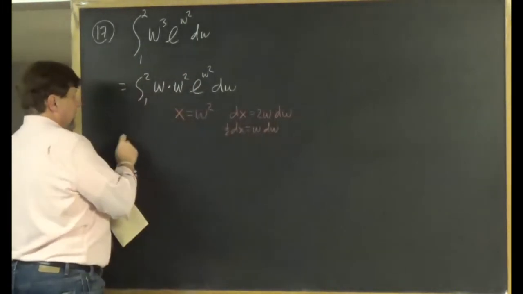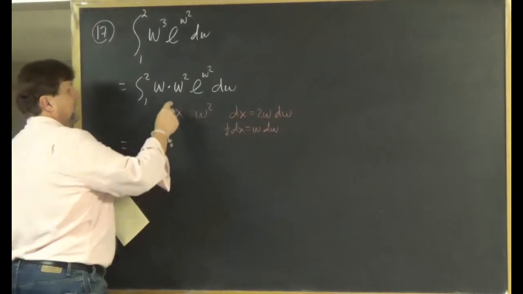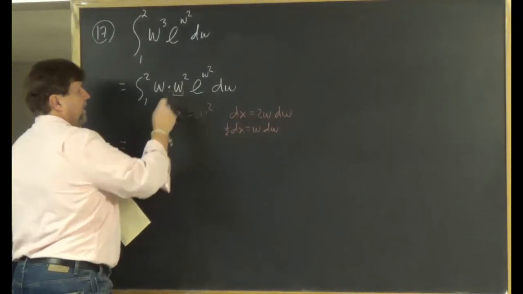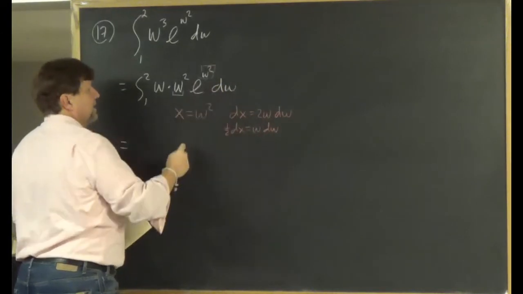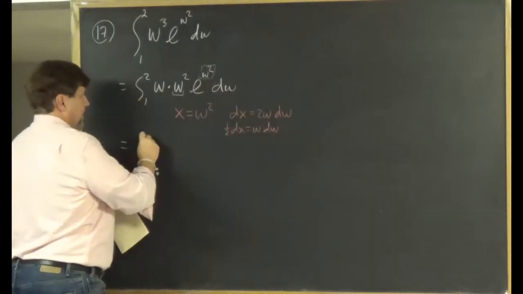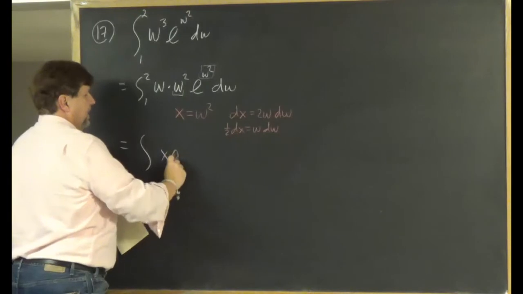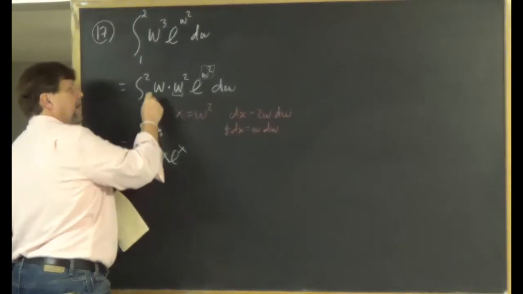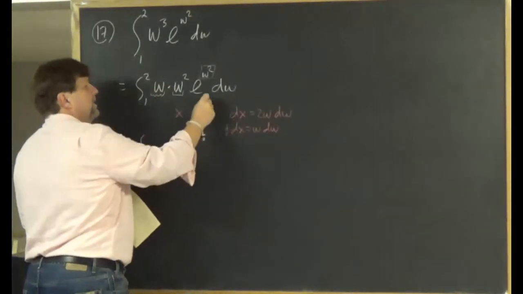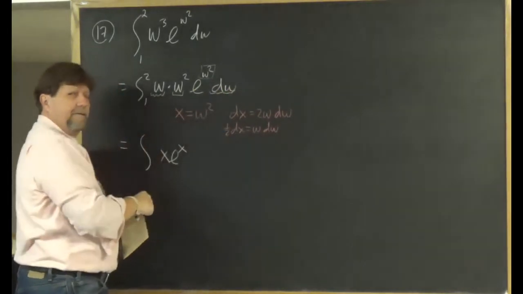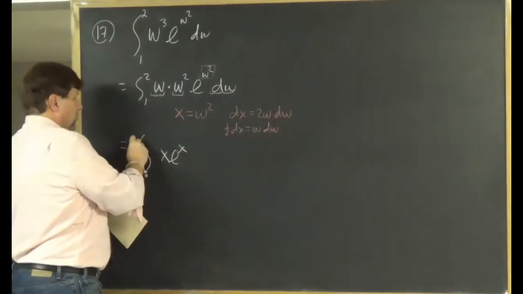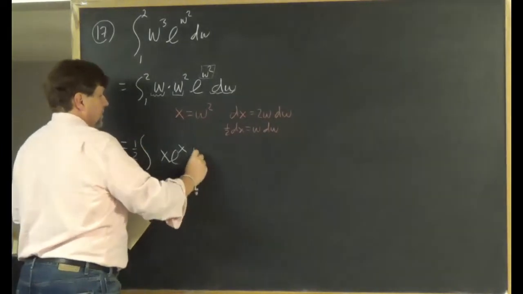So when I substitute in, there's an x, here's an x, so that gives me x e to the x, and this w dw is replaced with 1/2 dx. So I put the 1/2 out front.